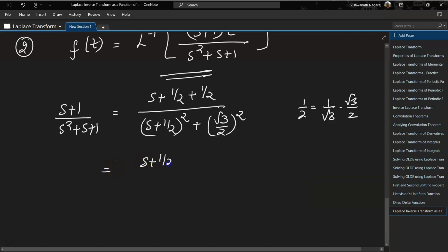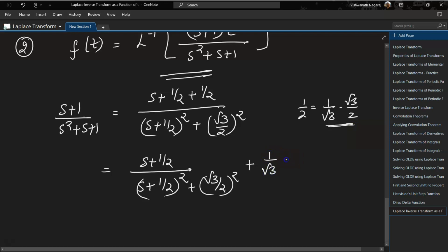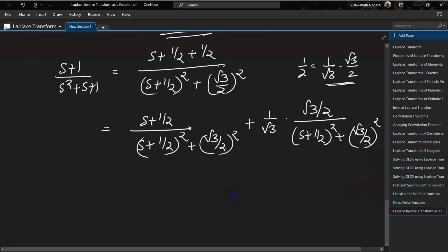So (s plus half) by (s plus half) square plus root 3 by 2 square, plus, and we use this, 1 by root 3 times root 3 by 2 by (s plus half) square plus root 3 by 2 square, right?